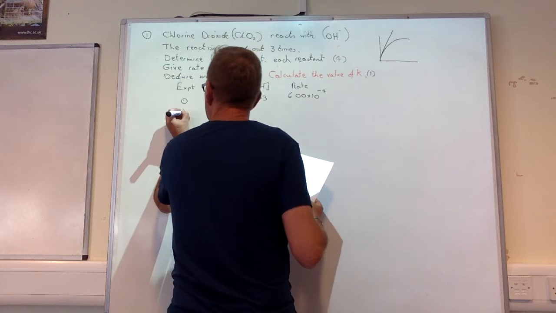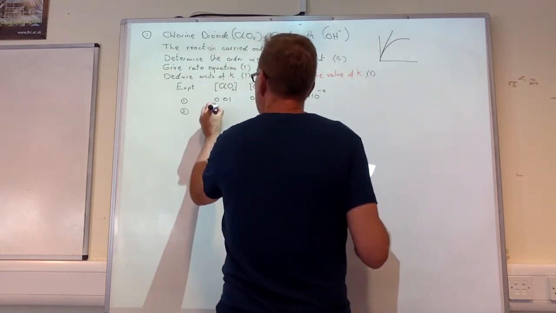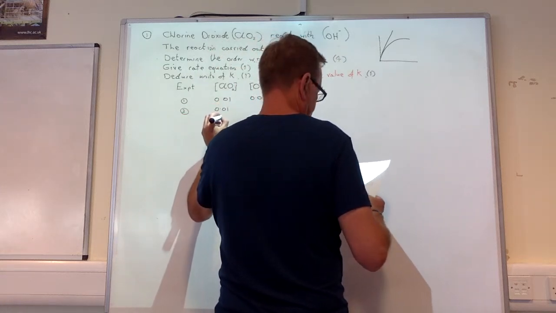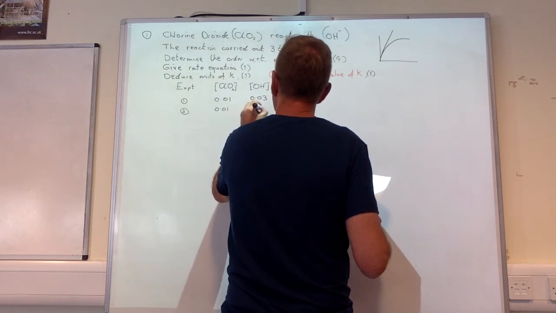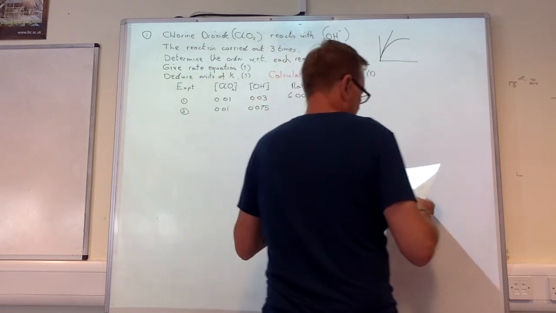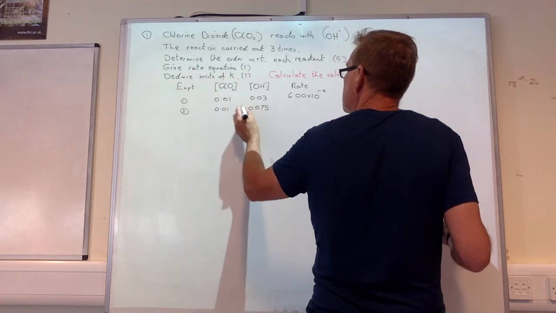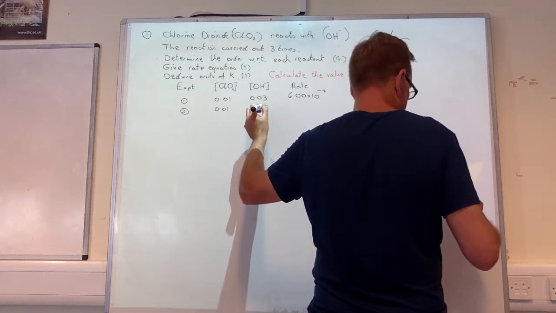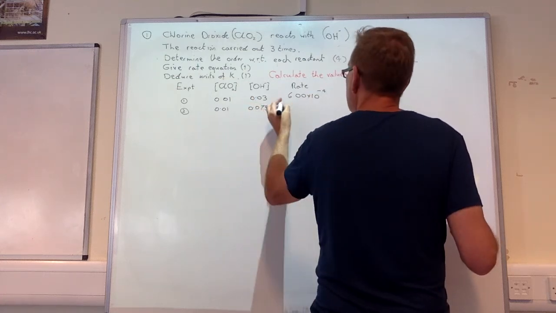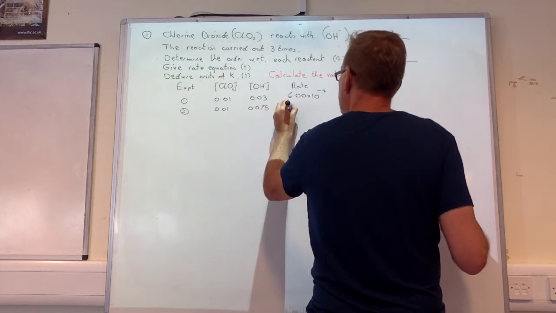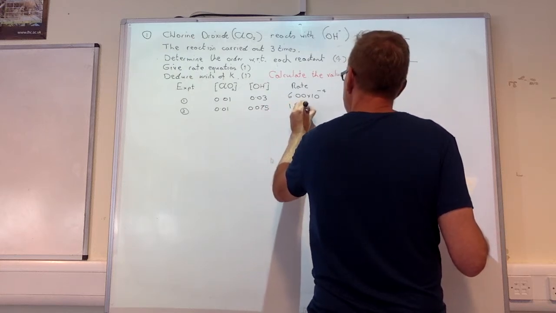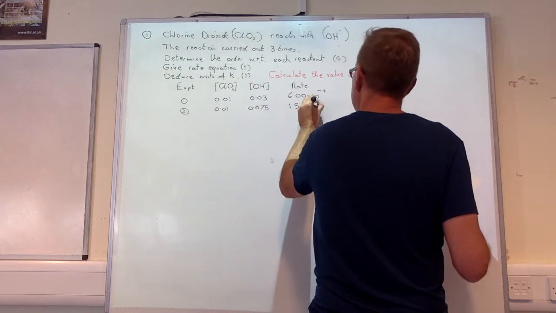Experiment number 2: 0.01, 0.075. Has the rate changed? Yes, it has. 1.5 times 10 to the minus 3.